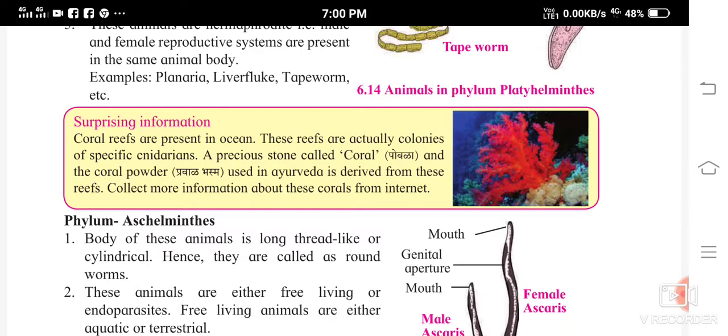A precious stone called coral, povla, and the coral powder, that is the praval bhasma used in Ayurveda, is derived from these reefs.